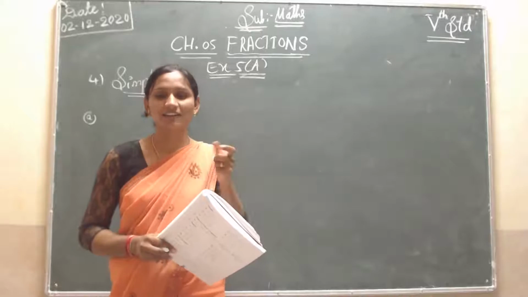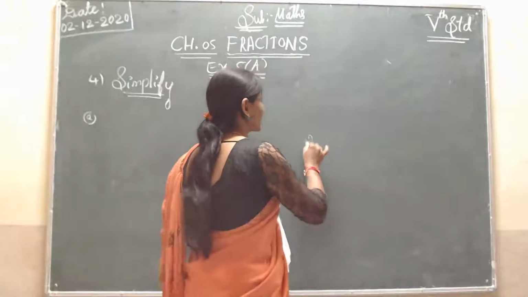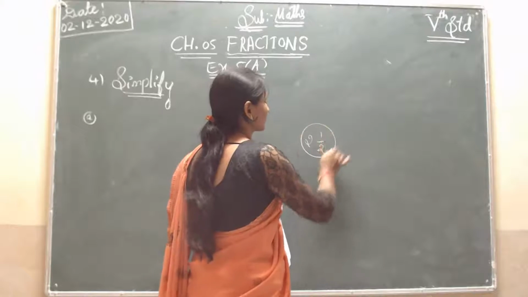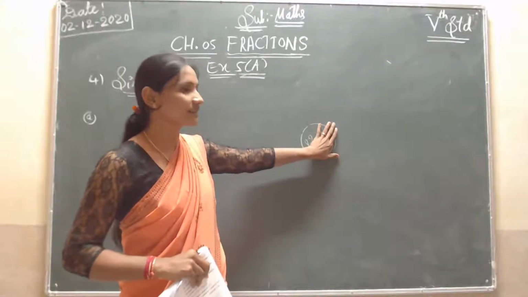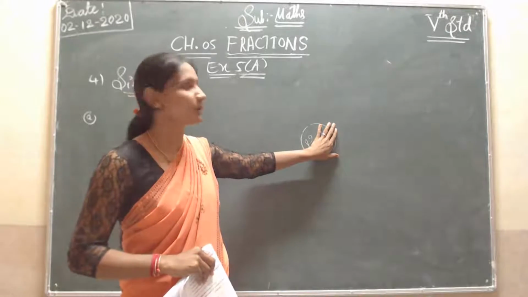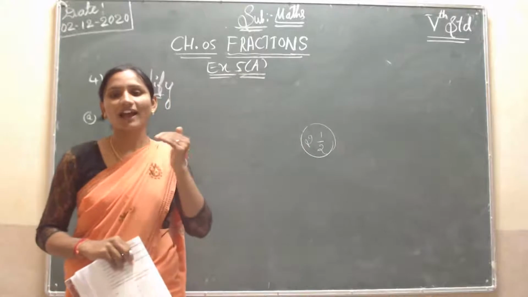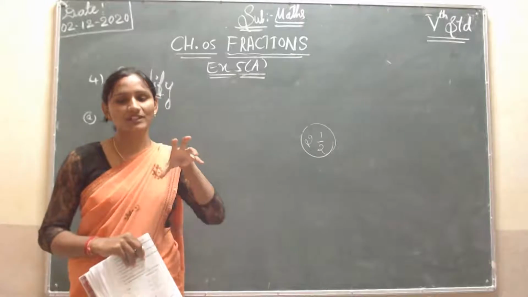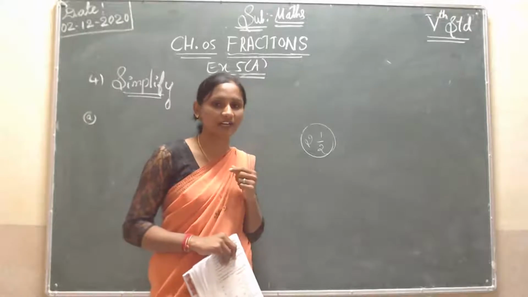Already I told the example of the mixed fraction, 2 whole 1 by 2. Students, a mixed fraction means a whole and a proper fraction together. So this is an example of the mixed fraction.